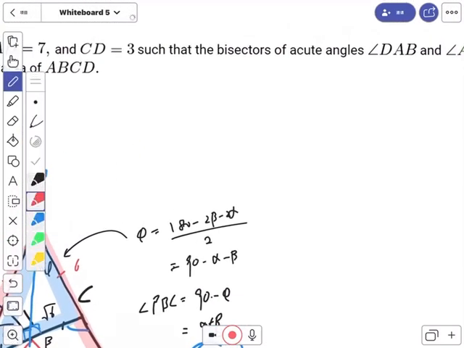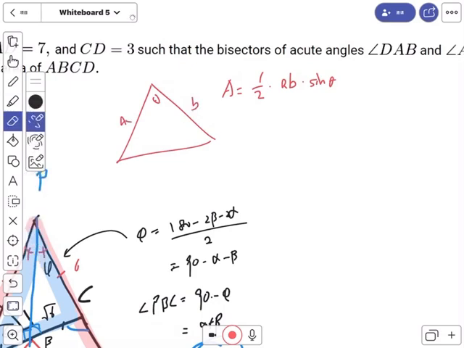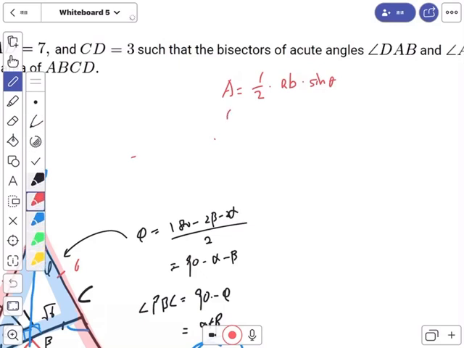The sine area formula gives that A is equal to 1/2 times AB times sine of theta, for such a triangle, if this is theta, this is A, and this is B. So the area we want to find is equal to 1/2 times sine theta, which is just equal to √6 over 6.